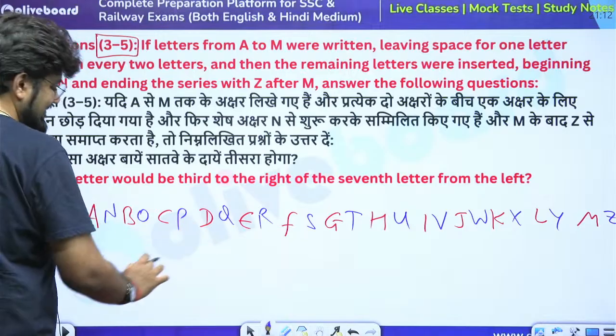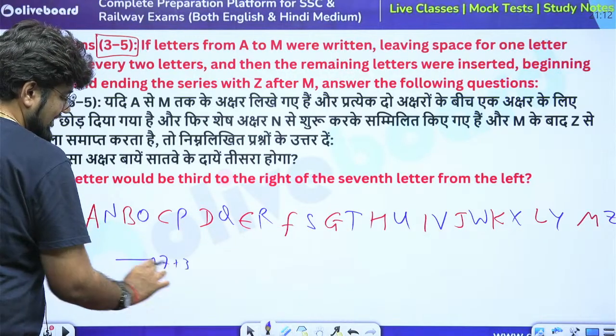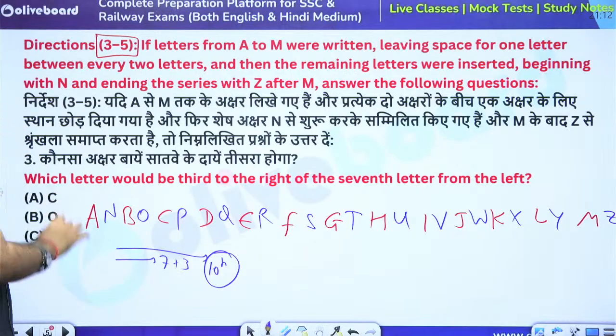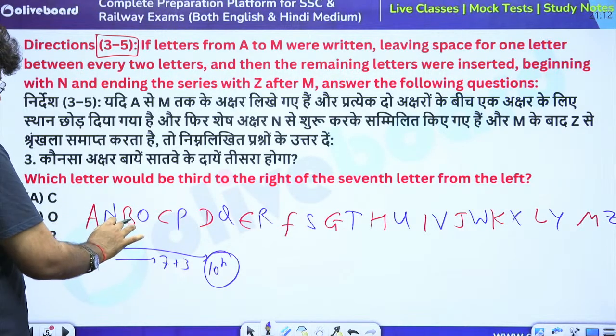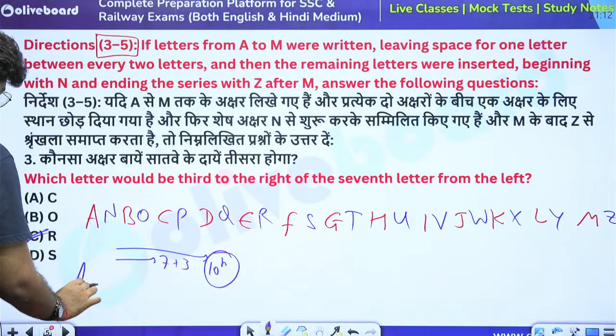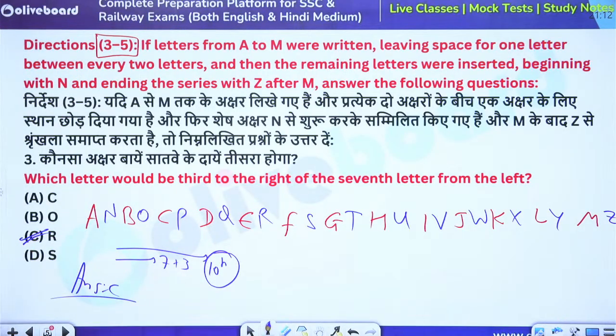Seventh from the left, third to its right. Basically it is asking you 10th from the left. 10th means R. So option C is my correct answer.